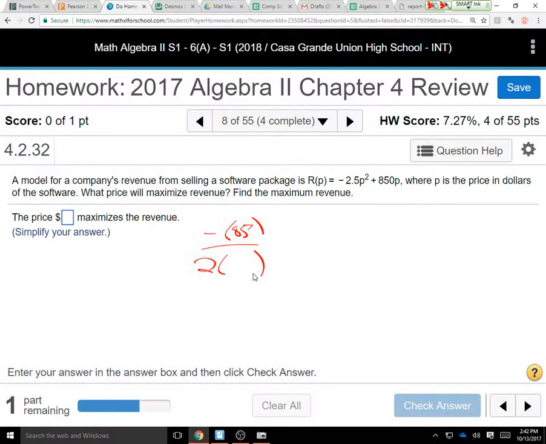So this is 850, and this is negative 2.5. So negative 850 divided by negative 5 would equal, what is it? 170?